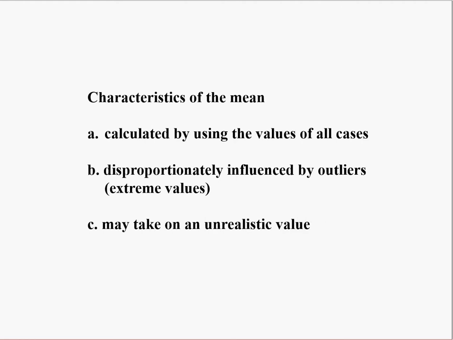So the mean could be profoundly influenced by outliers, especially extreme outliers. And also the mean can take on an unrealistic value. For example, if you want to calculate the average number of children in a family, you may come up with 3.59, and children cannot take a value with decimals, but that's the result of calculation. In this case, it is unrealistic.